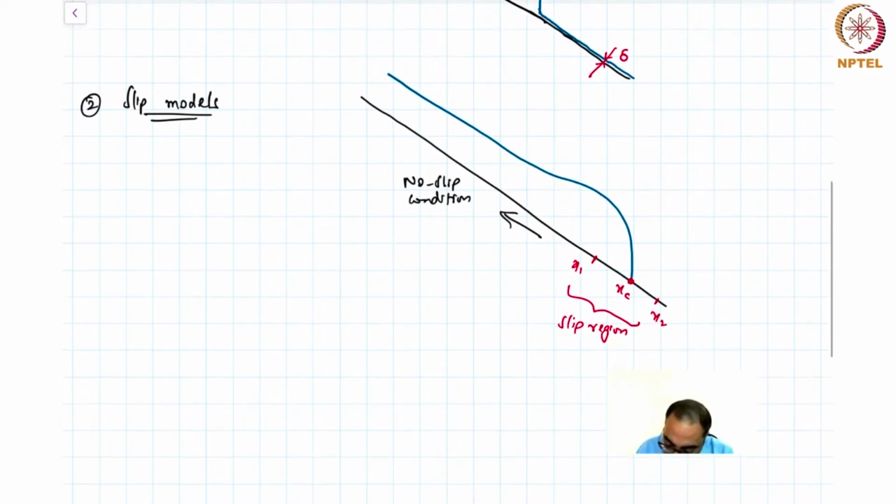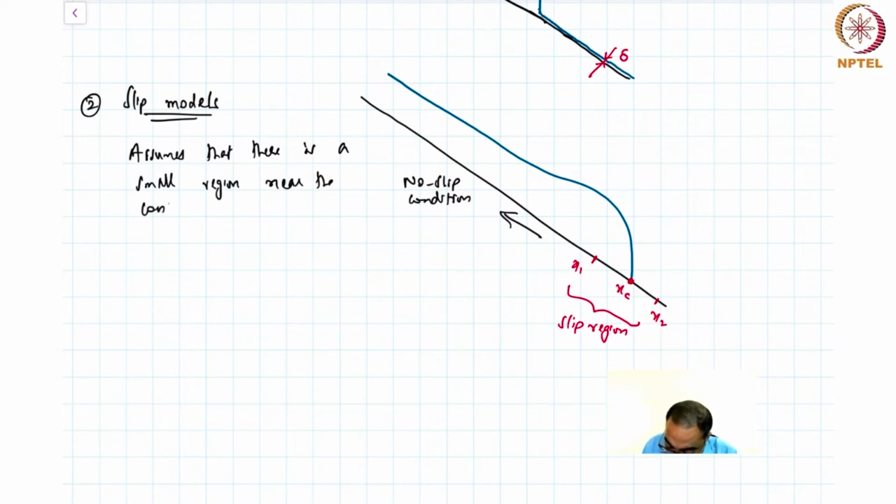Now, the commonly used model assumes that there is a small region near the contact line where we can relax the no-slip condition.